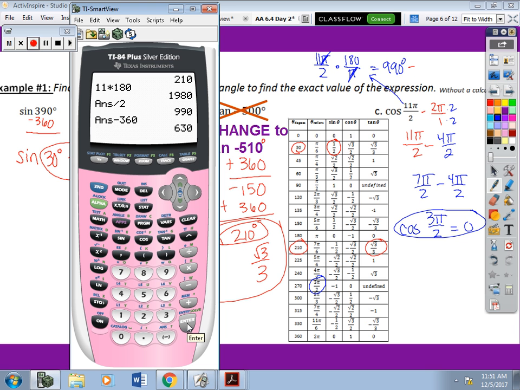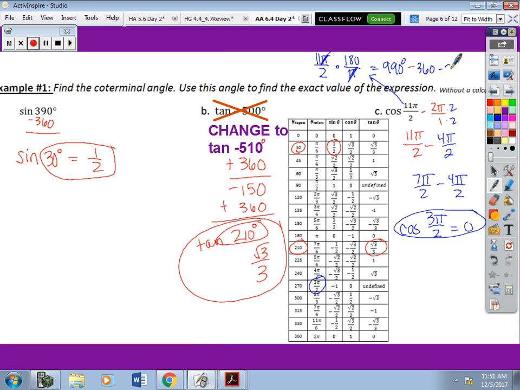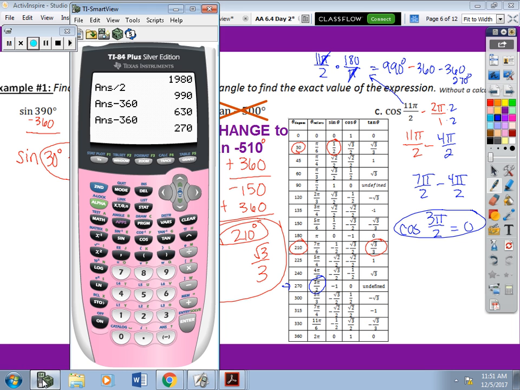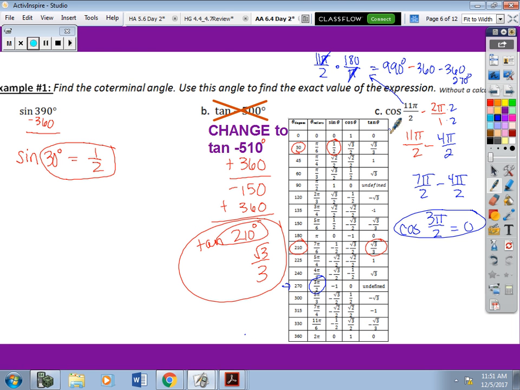I subtract 360 once, I get 630. Subtract 360 again, I get 270, and 270 is in my chart. So you stop as soon as you get a number that's in your chart. You'll notice you have no negative numbers. That was 270, right? This one says the cosine of 270, which is 0.